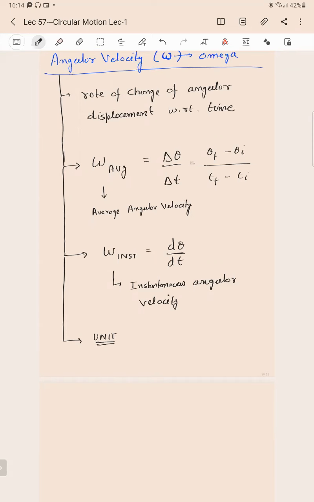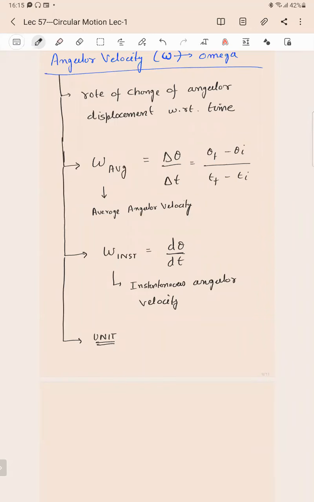Sir, degree per second. Okay, it could be degree per second, or it could be radian per second. Yes, because sir, angle can also be measured in radian, no? Yes, sir. And it could be revolution per second also. Okay.